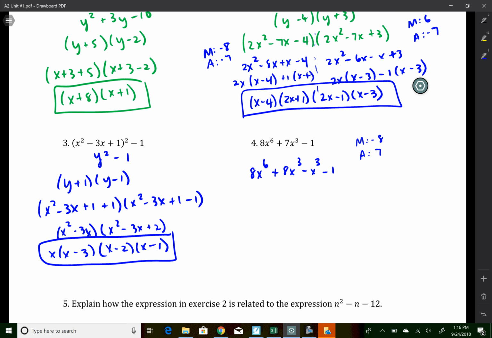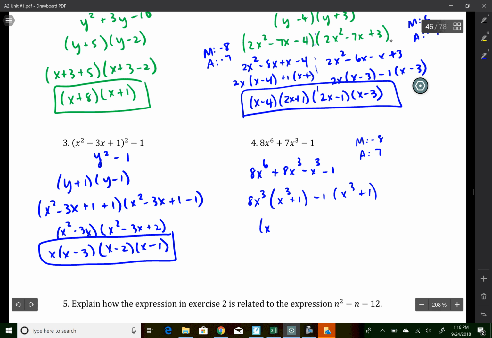So that works. GCF here is 8x cubed, leaving me with just x cubed plus 1. Negative 1, x cubed plus 1, those match, so our grouping here is good. We have x cubed plus 1 as one parenthesis and 8x cubed minus 1 as the other.